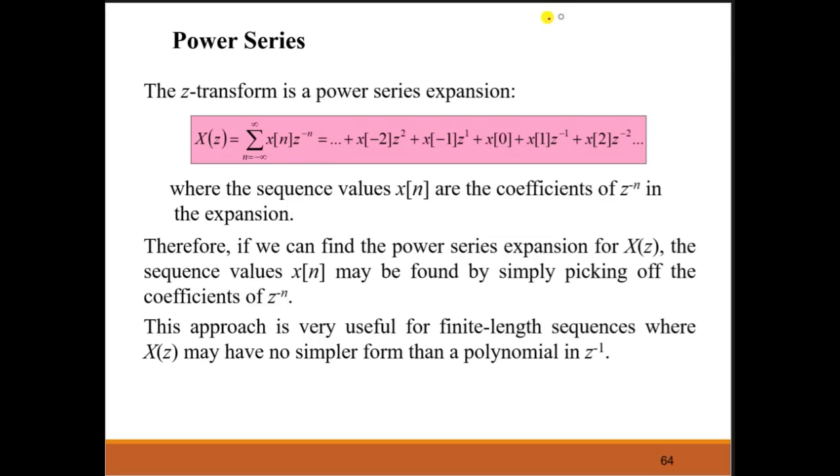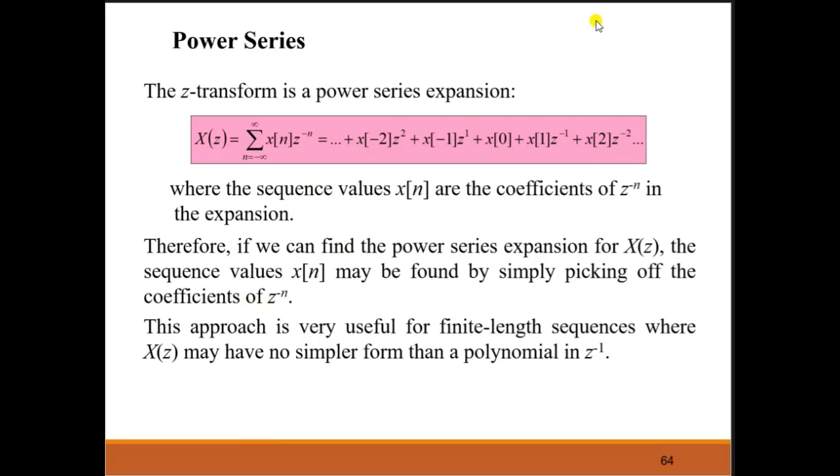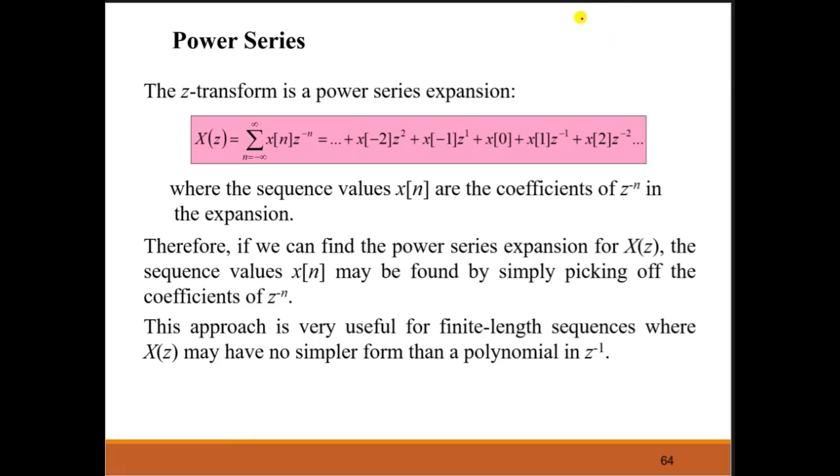So if we remember from the previous class, we have n, and then you have x[n]. Alright, so here x[n] are the coefficients of z to the power of negative n.